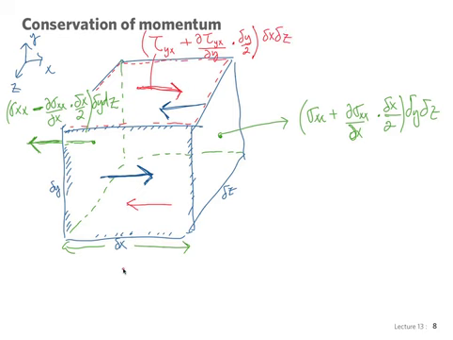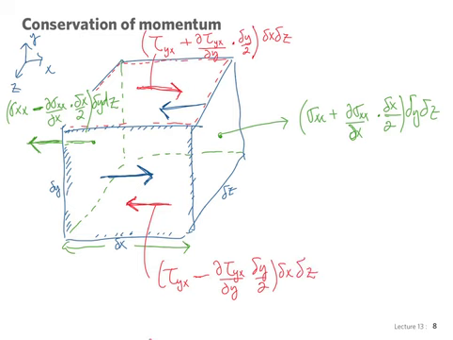Okay, the bottom one. This one down here. It's in the bottom face. What is that? The same tau yx, but minus the variation of tau yx with respect to y and dy half, and the same area, dx dz. Yeah? Now the blue ones. So now all of the stresses we're showing in the positive direction.